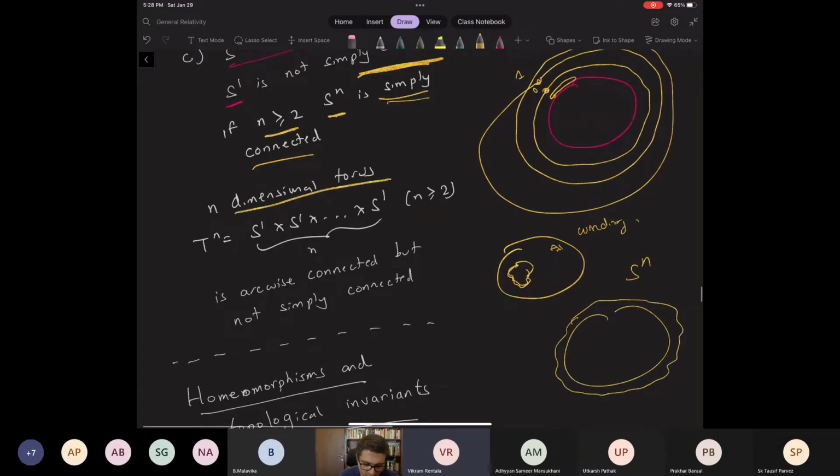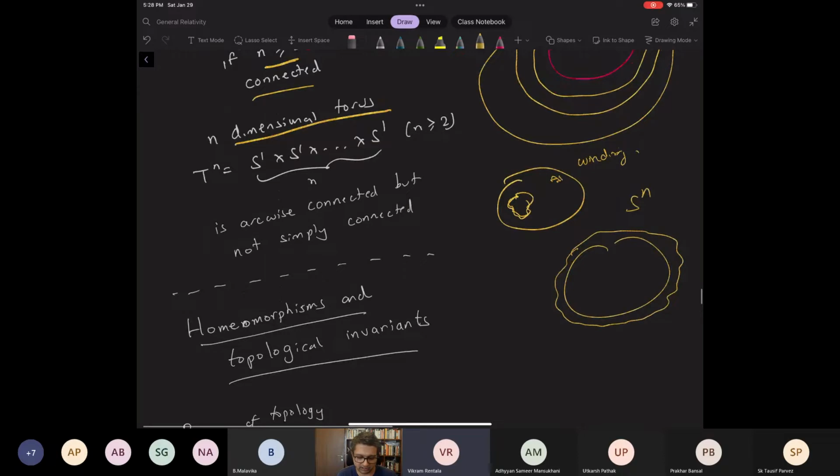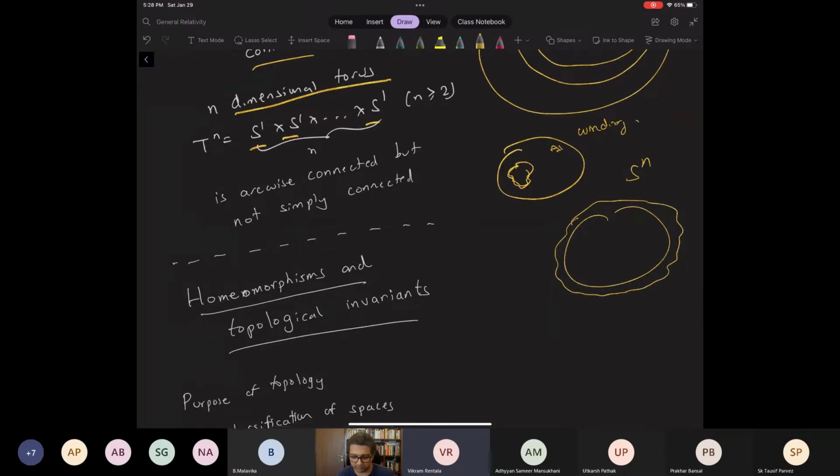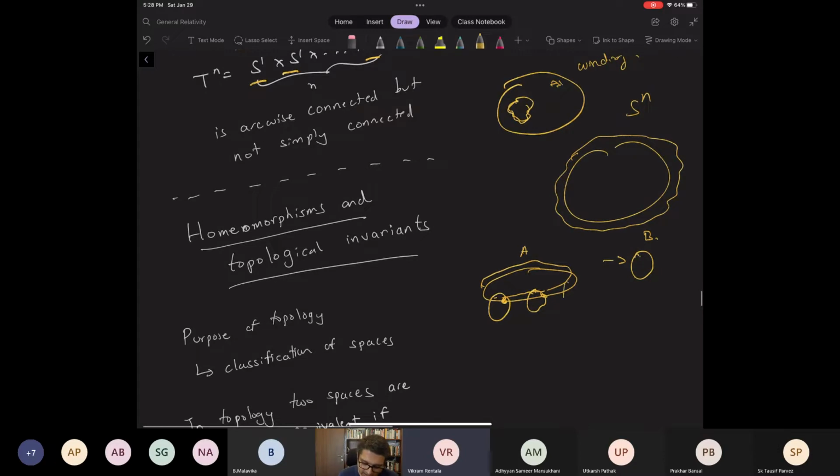And the n-dimensional torus is basically a cross product of S1 cross S1 cross S1. In the example that we did, S1 is a circle. If I take another circle, the way to think about a cross product space is that at each point I have a circle. Let me call the first circle A and the second circle B. At every point on A, I draw a circle B, and I imagine that they're all connected through A. What that effectively gives me is again my donut.